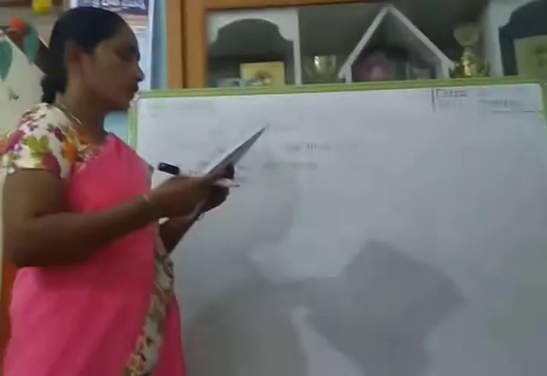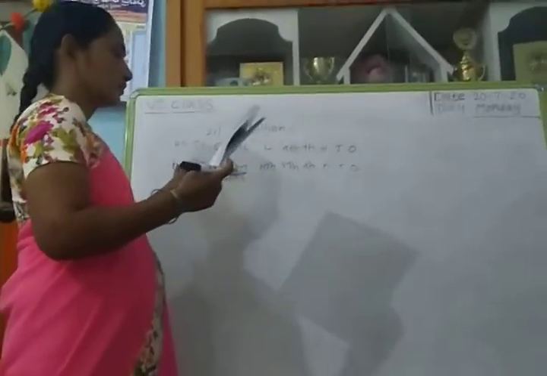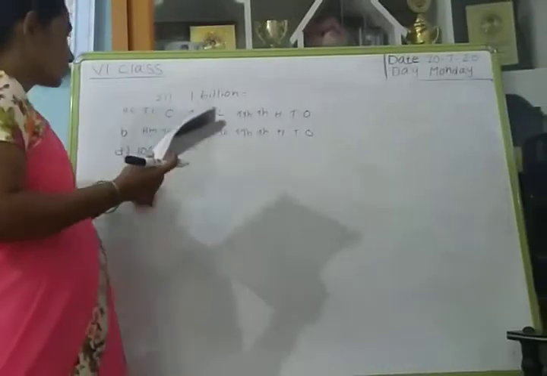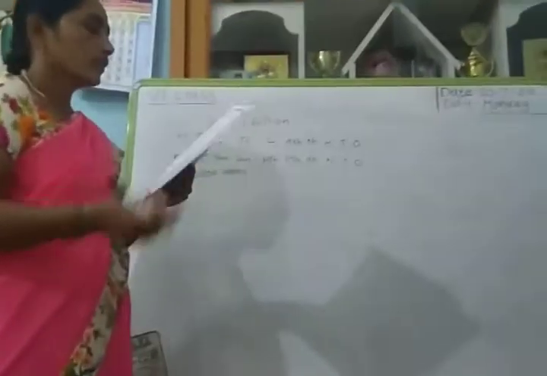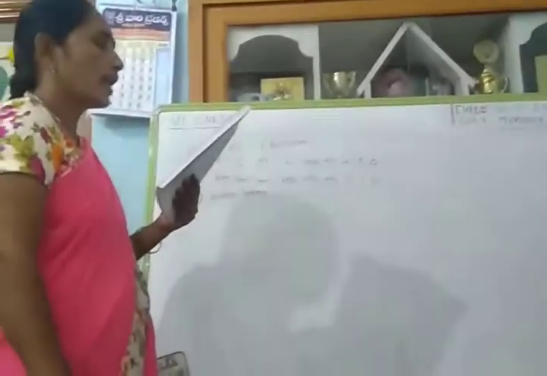Since the option is not given, we have to write it like this. If they had given 1000 millions, that would also be correct, but it is not given here. So the answer is 10,000 lakhs.